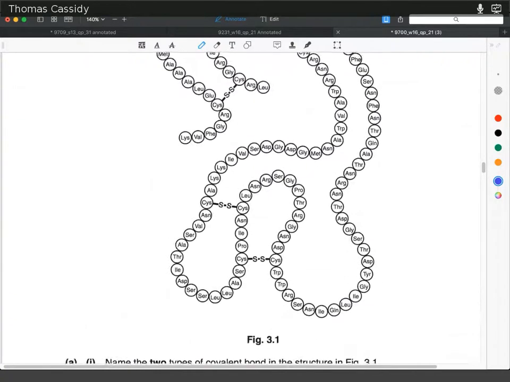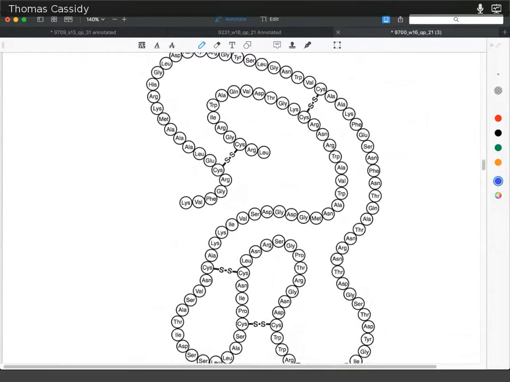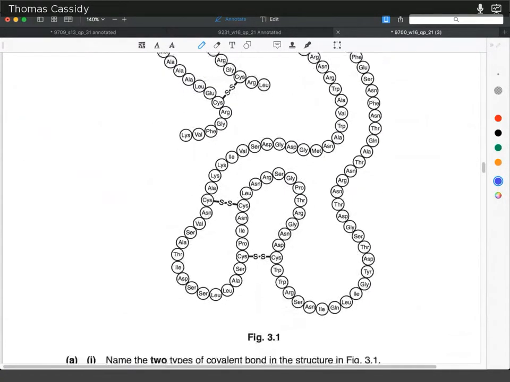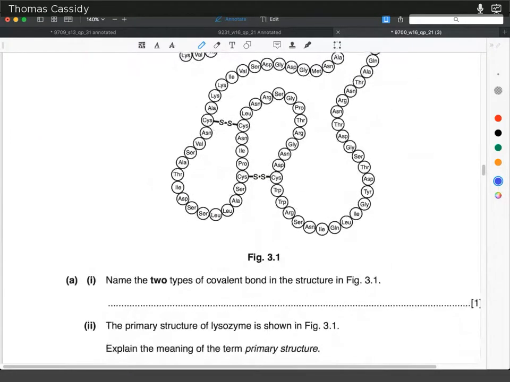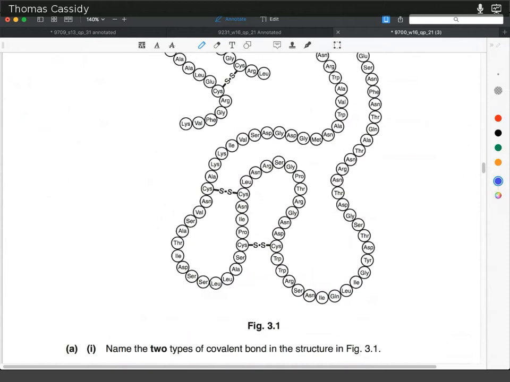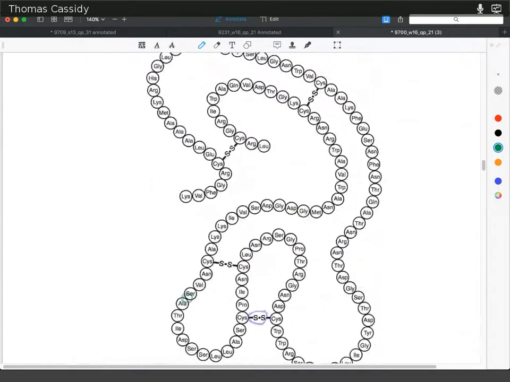We've got a long snaky diagram, and the first question is to name the two types of covalent bond in this structure. So specifically, we're looking at these bonds here, and we'll go green, the bonds here. Now, what are we actually looking at?